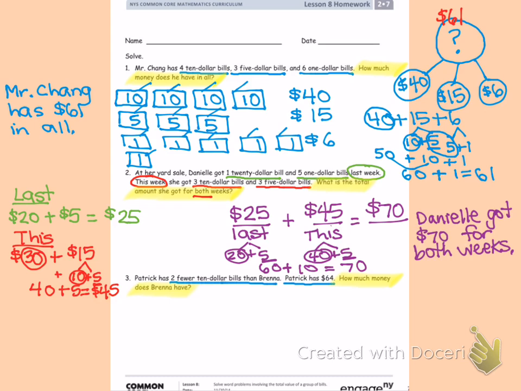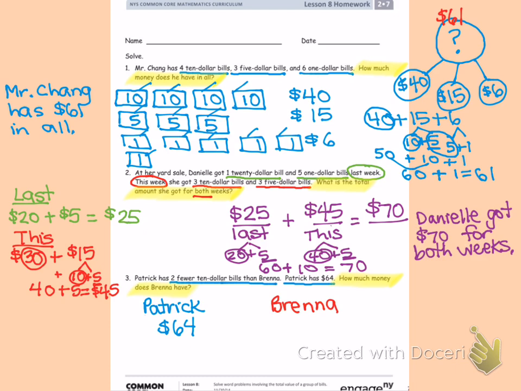Well, we know that Patrick has $64. And Brenna has more money than Patrick.